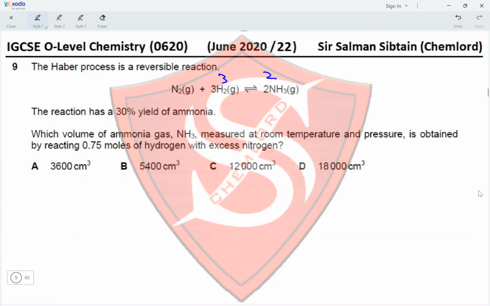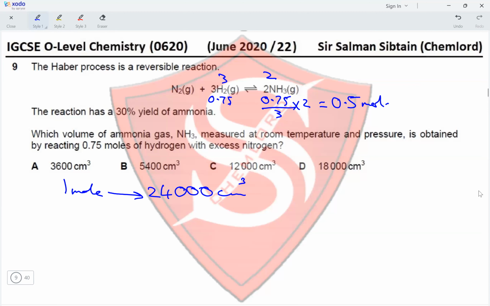So if we have 0.75 moles of hydrogen, the moles of ammonia would be 0.75 divided by 3 and multiplied by 2, which gives us 0.5 moles of ammonia. 1 mole of any gas at RTP occupies a volume of 24,000 cm³, so 0.5 moles would occupy 0.5 times 24,000, which gives us 12,000 cm³.